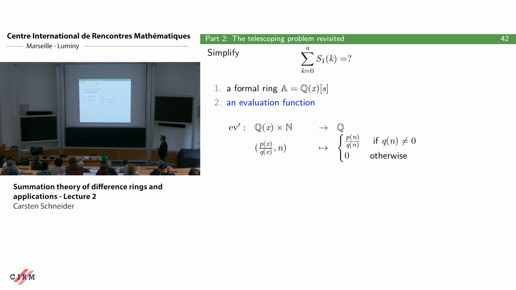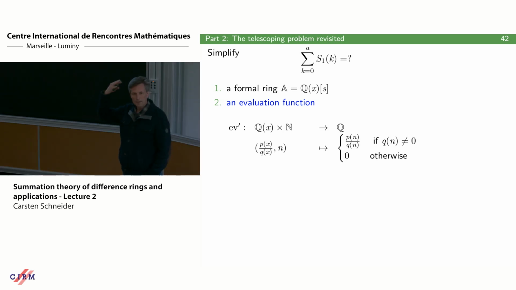In this case it's obvious: a polynomial in one variable has only finitely many roots, so there can be only finitely many poles in the denominator. Whenever there is no pole, I just evaluate the polynomials and carry out the operation.